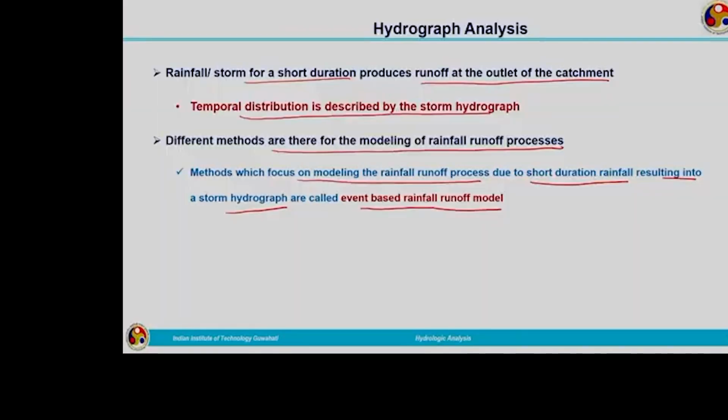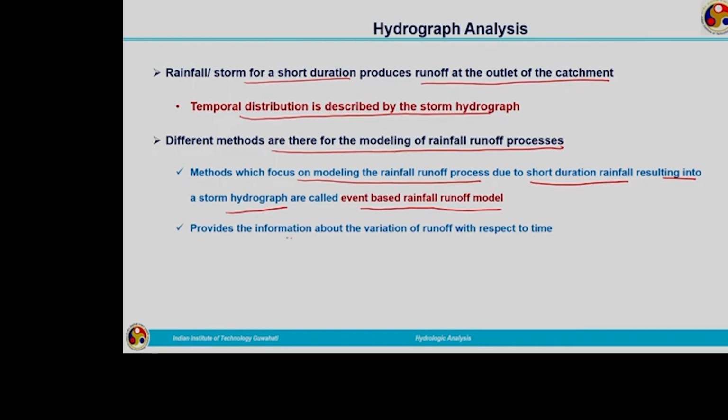In such cases, we will choose a particular rainfall event having a certain duration, which may be a severe event. That event will be chosen for modeling the runoff. Such modeling studies are termed event based rainfall runoff models.